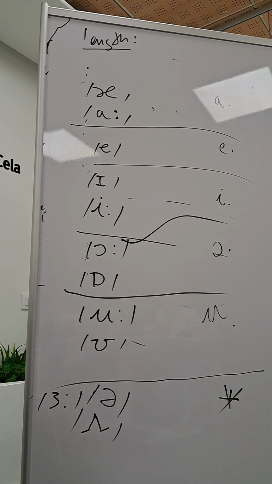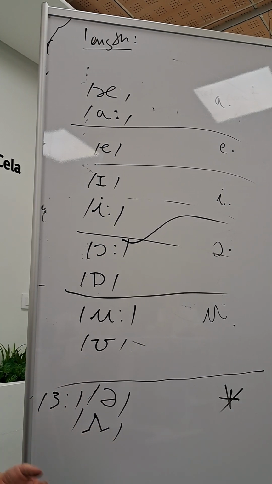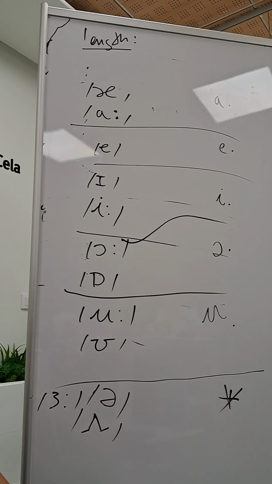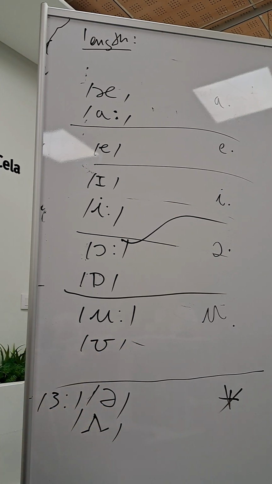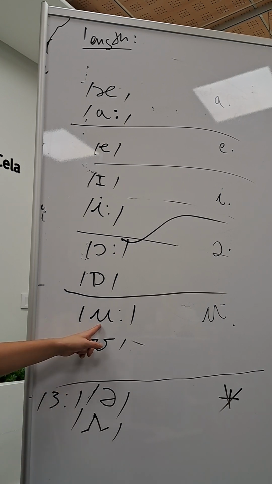It's not closed, it's not open, it's just relaxed in the middle. In terms of lips, totally relaxed too. They're not spread, they're not rounded, they're just relaxed. Neutral position. Everything is relaxed: tongue, lips, length.